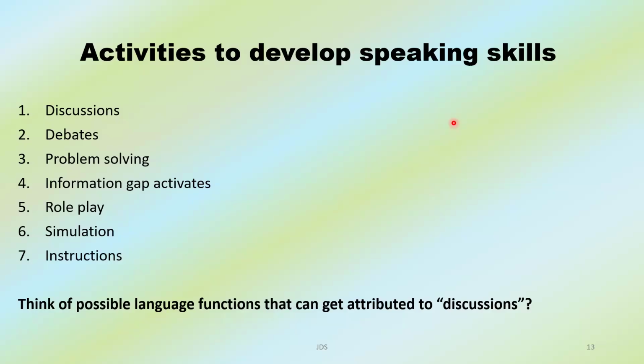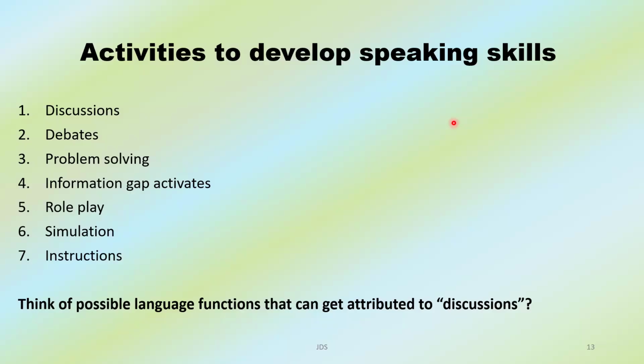Any other language function? Expressing, accepting. What else? Always you can't be accepting. If you don't like it, if it is not appropriate, what should you do? Rejecting, yeah, rejecting or disagreeing with them. And asking for permission. Very good. Asking for further clarification.